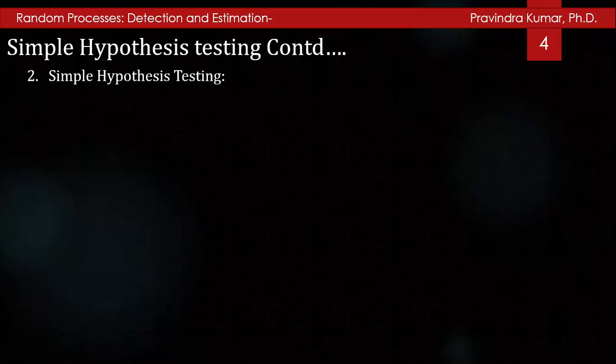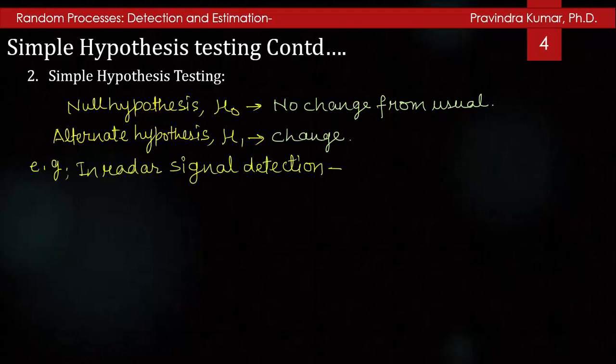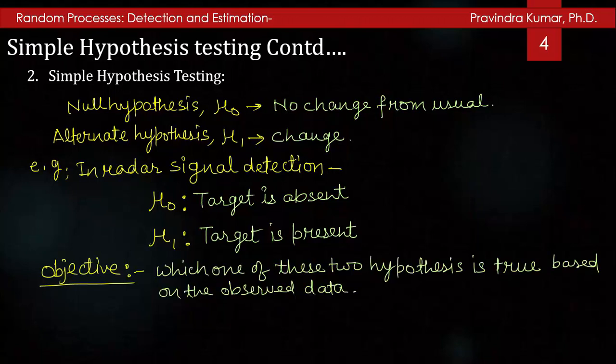In simple hypothesis testing, we have the null hypothesis H0, which indicates that there is no change from usual, and the alternate hypothesis H1, which indicates that there is change. For example, in radar signal detection, H0 corresponds to the target is not present, and the hypothesis H1 corresponds to the target is present, and the objective is to decide which of these hypotheses is true based on the observed data.